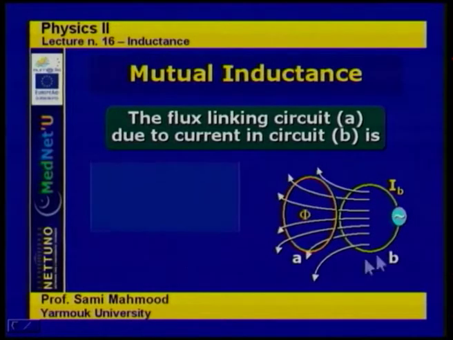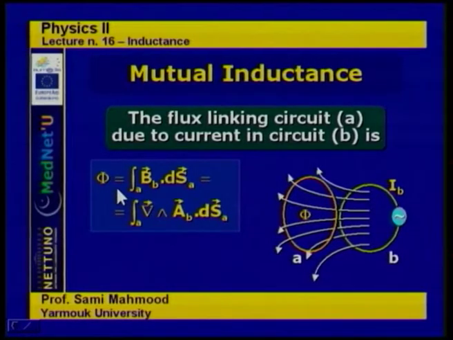And the flux linking circuit A is given by B, the magnetic field due to circuit B in an element of area of the circuit A. We take element of area dS_A, we figure out what is the magnetic induction due to circuit B in that little area.